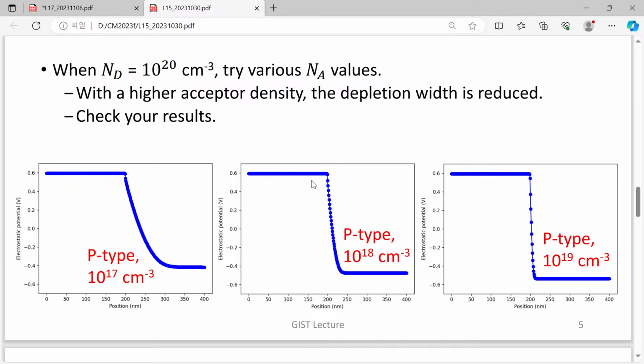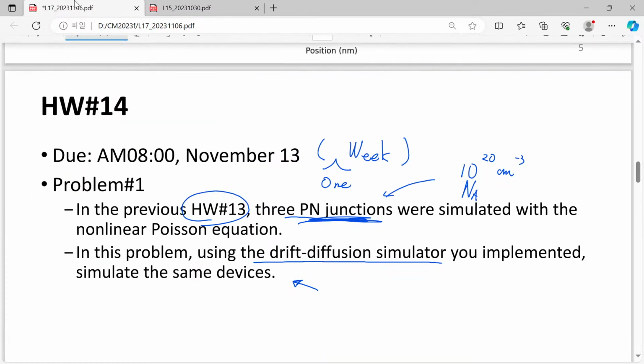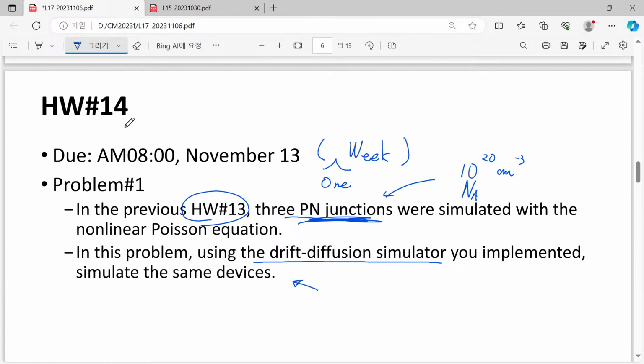But the problem itself is no longer the nonlinear Poisson equation, but the drift diffusion equation, which contains a Poisson equation and 2 continuity equations, should be applied to solve this system. Then you will get almost identical solution. Do you have any question on our homework number 14?